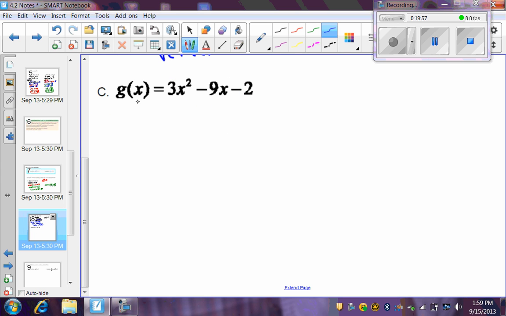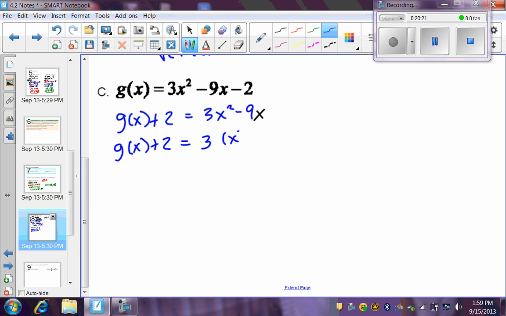Let's try one more. G of x equals 3x squared minus 9x minus 2. So I'm going to take the 2 to the other side, so that gives me G of x plus 2 equals 3x squared minus 9x. Factor out my 3, so that gives me G of x plus 2 equals 3 times x squared minus 3x.